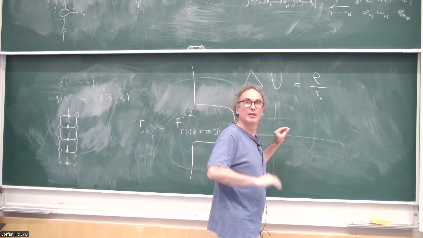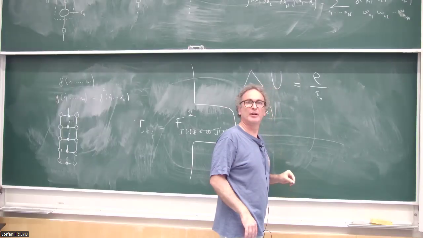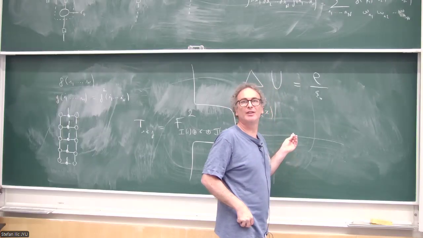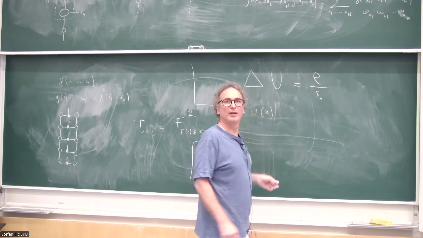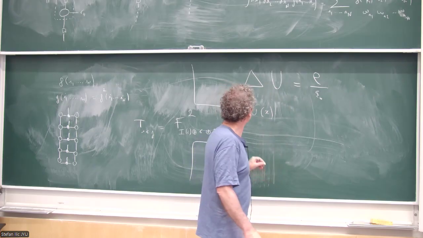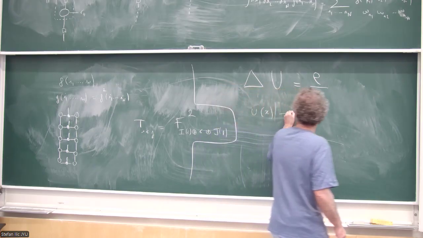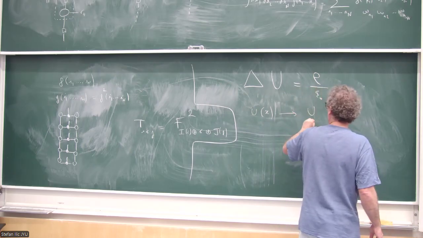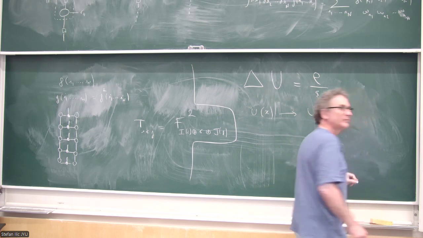We'll do 2D and 3D. It's mostly interesting for 3D, at least 2D, because for 1D you can just solve this thing with anything you want. So we have U of X, and we need to transform that into U of I1, ..., IN.